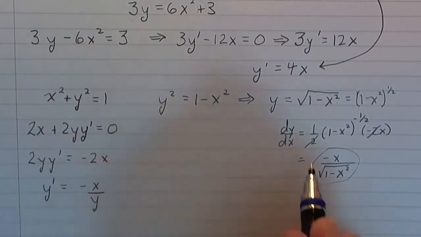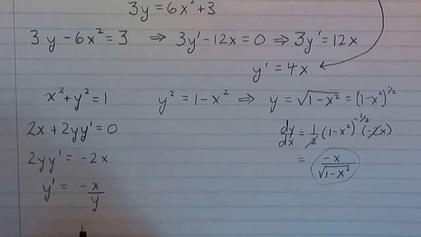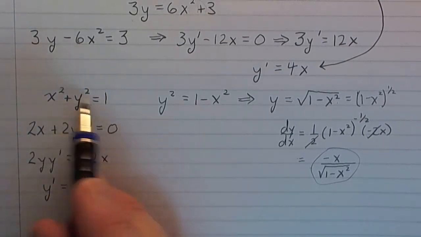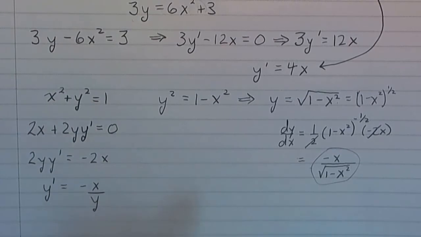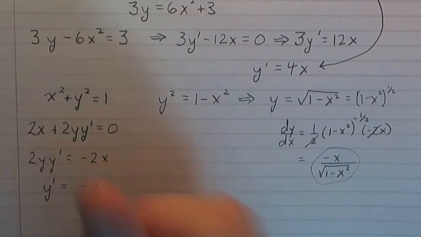So what I've done here is I have implicitly found a formula for the slope of tangents to the top part of this circle. It's implicit differentiation.